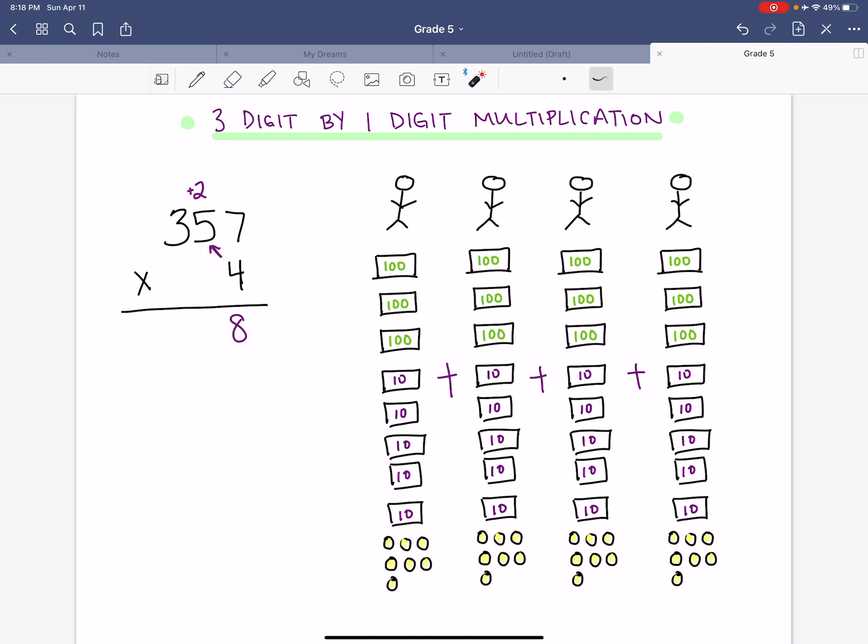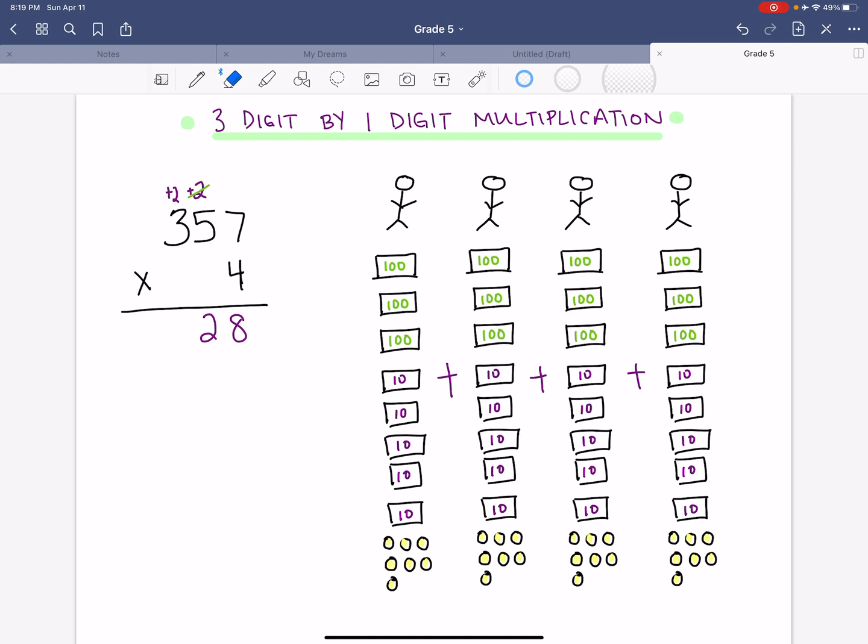Okay, so 4 times 5 is 20, then plus my 2 would be 22, right? Which would technically be like that, but this 2 goes up here, right? Okay, so then I'll erase it down here because I don't need it down there. Okay, so we're good on that. And if you like to be really thorough, when I'm done using those, sometimes I'll cross that off because I know that one's done. You don't have to do that, but if you like the reminder.